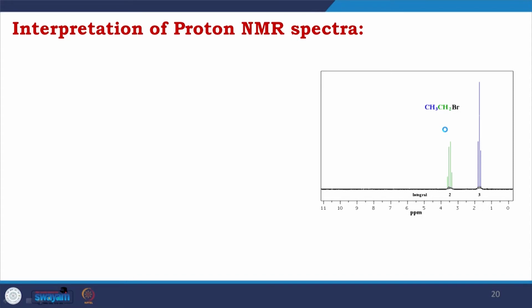Coming to the interpretation of proton NMR spectra. So, CH3 CH2 Br. If you have that, you could easily understand that these are having 2 independent categories of hydrogens.